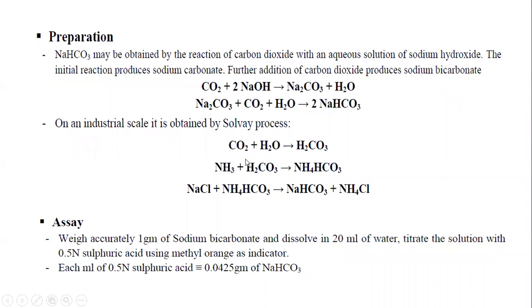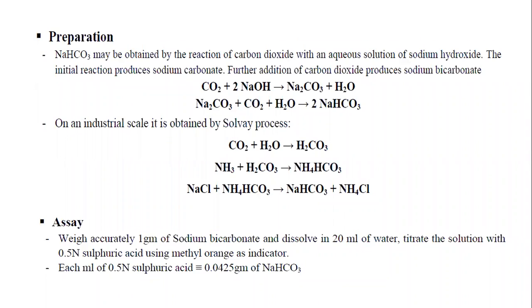So next we'll move on to the preparation of sodium bicarbonate. So how is this sodium bicarbonate prepared? Now, sodium bicarbonate may be obtained by the reaction of carbon dioxide with an aqueous solution of sodium hydroxide. The initial reaction produces sodium carbonate. Further addition of carbon dioxide produces sodium bicarbonate. As you can see in the synthesis, the first step is the production of sodium carbonate.